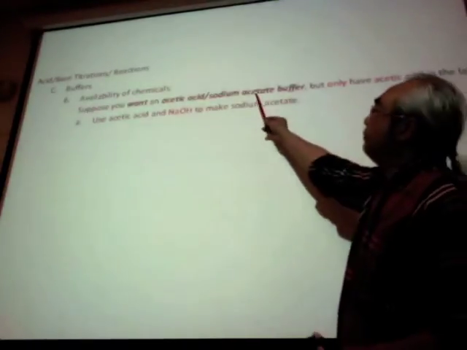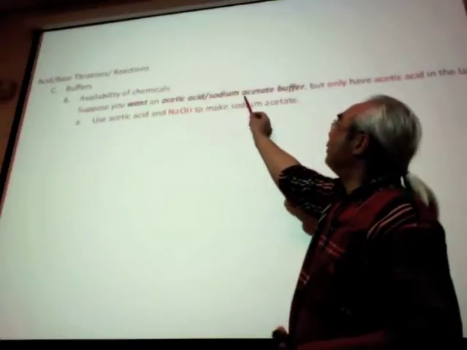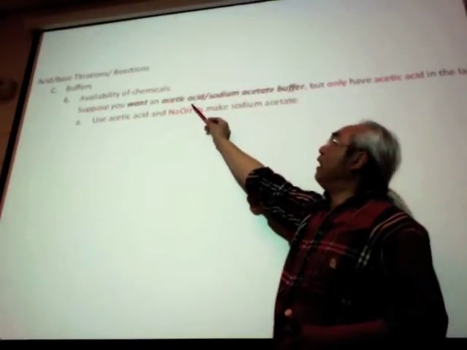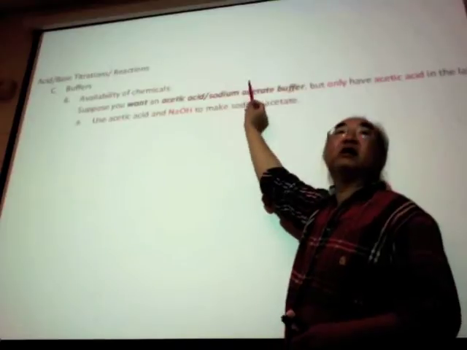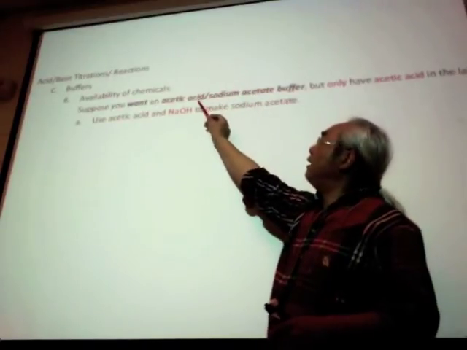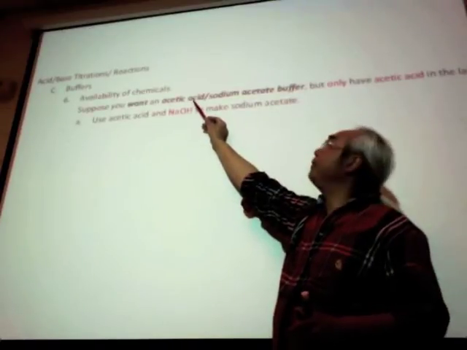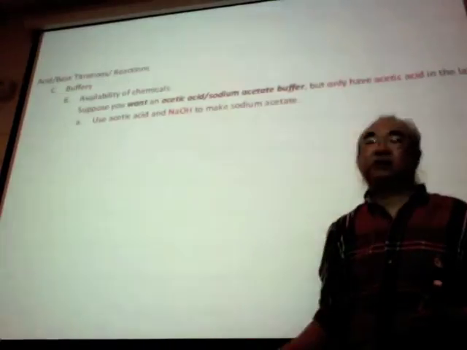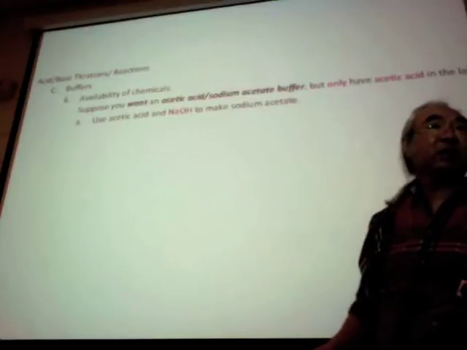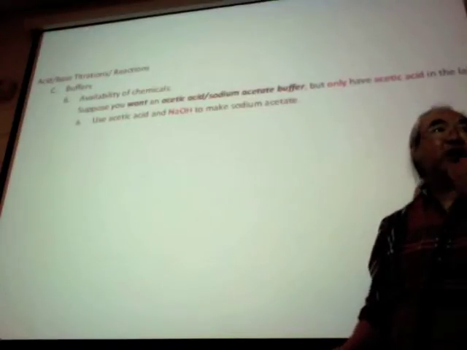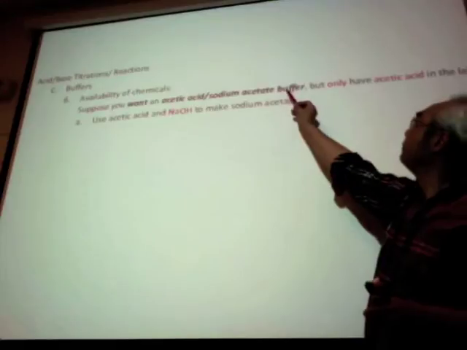So here is one way to prepare a buffer, because often you have one chemical but not the other. For example, you want to make up this buffer. You know that you need acetic acid and its salt. Well, acetic acid may be readily available in your lab, but sodium acetate is a little fancy, a salt that you may not have available.